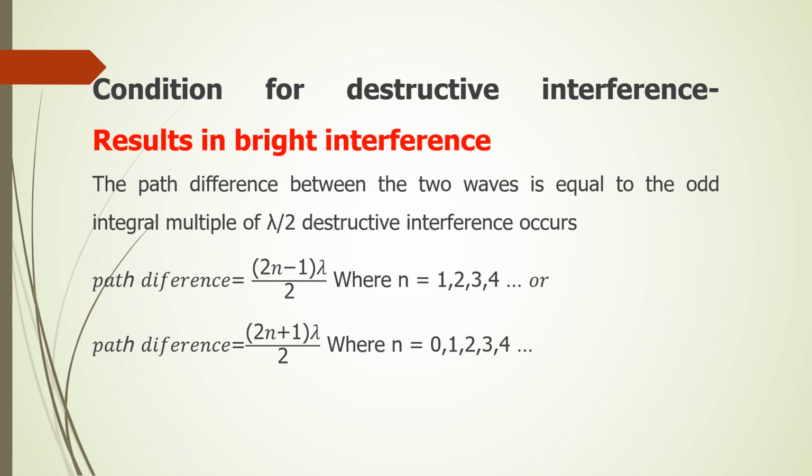If the path difference between two waves is an odd multiple of lambda by 2, it leads to destructive interference, with a path difference of (2n minus 1) lambda by 2 or (2n plus 1) lambda by 2.